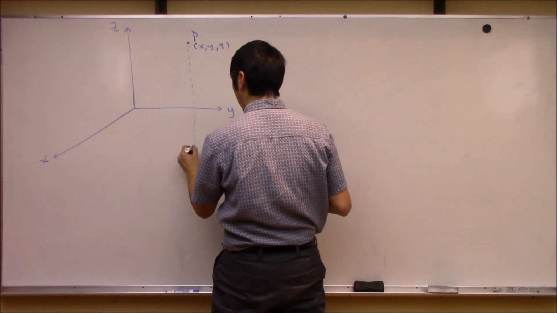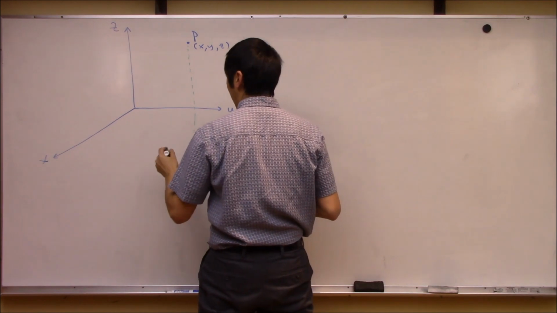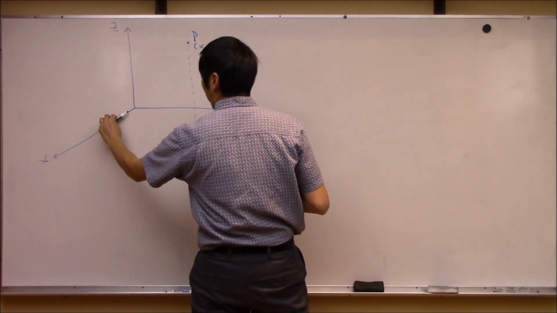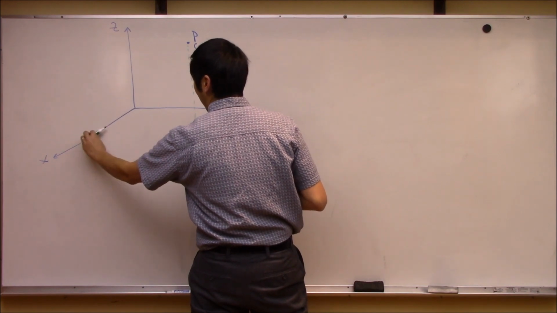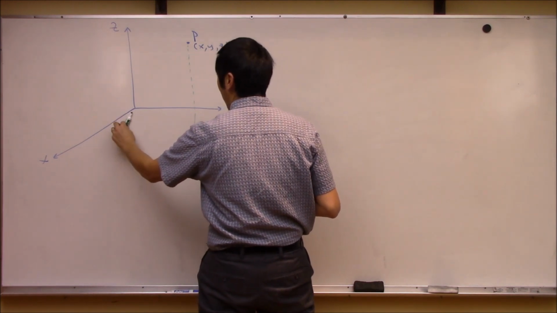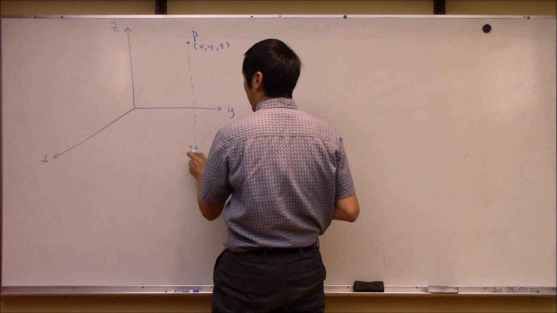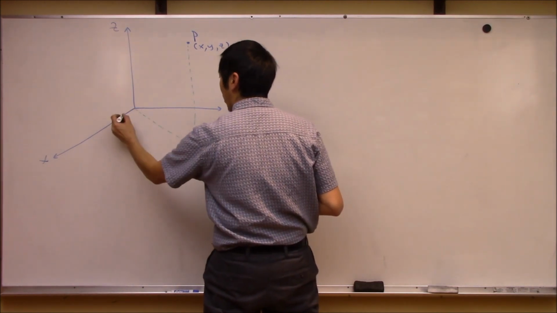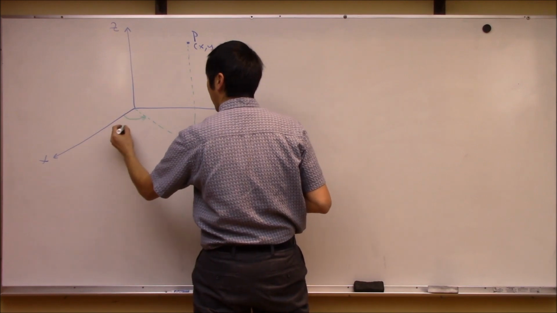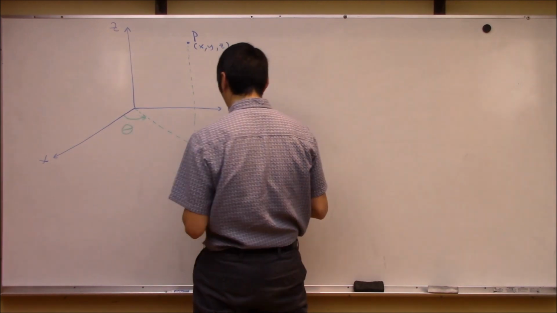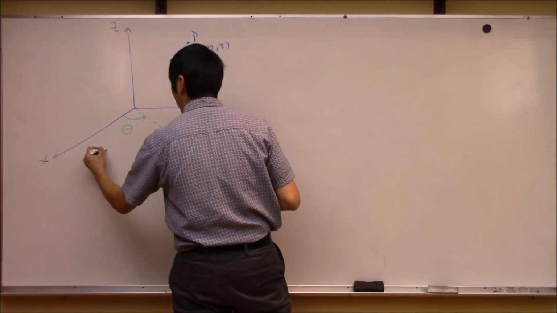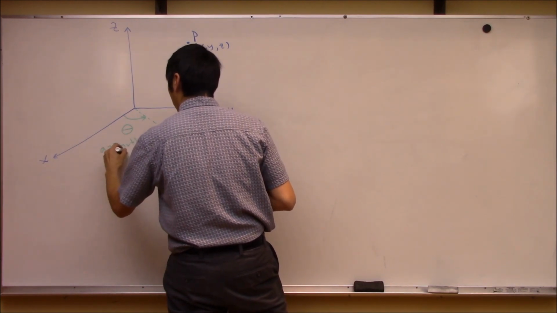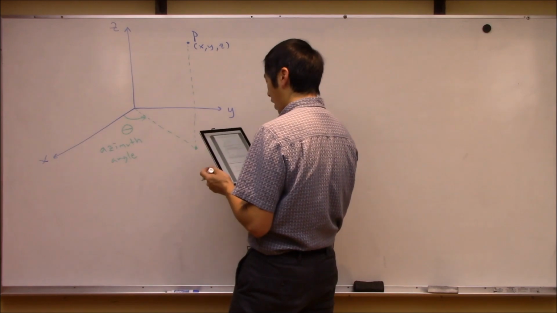Okay. And now what we've got is a line from the x-axis, and we're going to sweep in the xy plane until we hit this point. And this angle here is going to be that same theta we were talking about earlier. This is sometimes referred to as your azimuth angle, right?